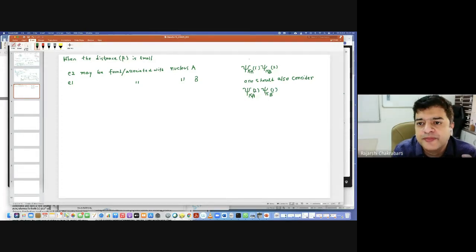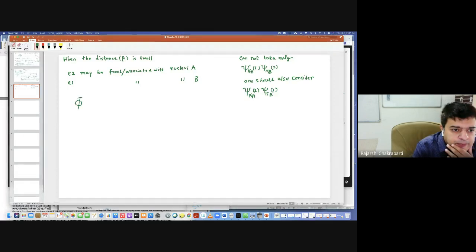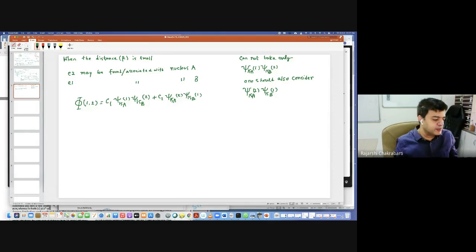So you cannot take only this one. And you know what to do. What you should do then is a good linear combination of these two. A good thing would be to take a linear combination, just like C1 times this, psi 1s A1 psi 1s B2, plus C2 times 1s A2 psi 1s B1. So take a linear combination.